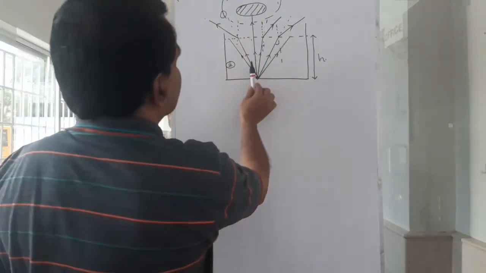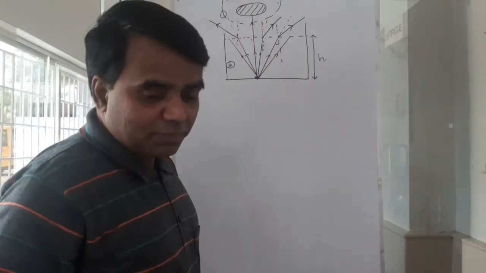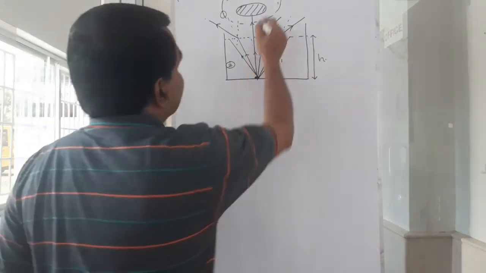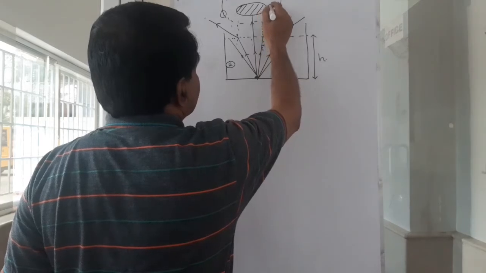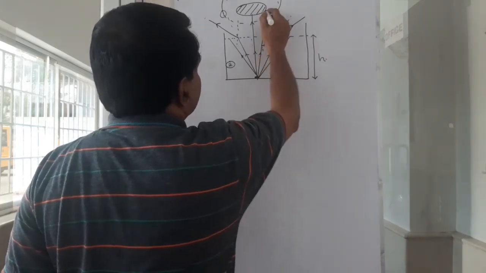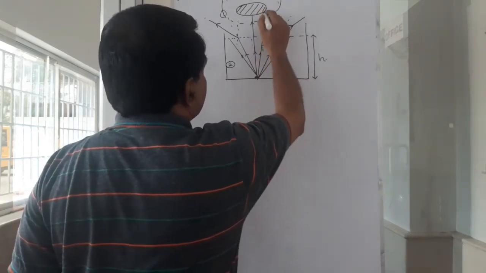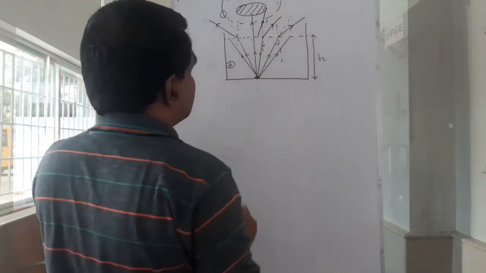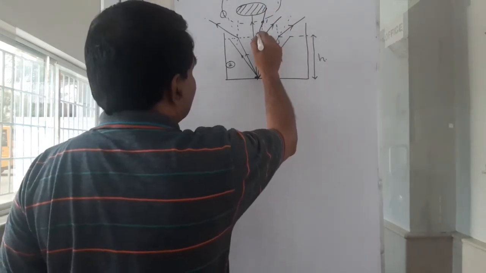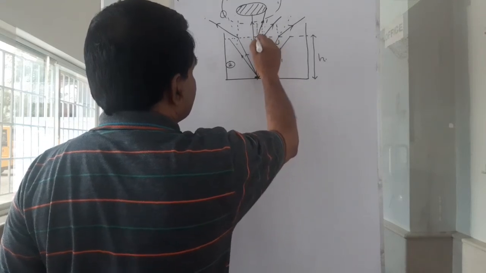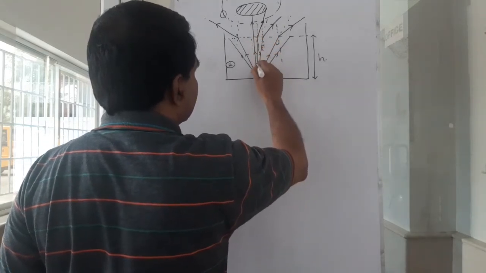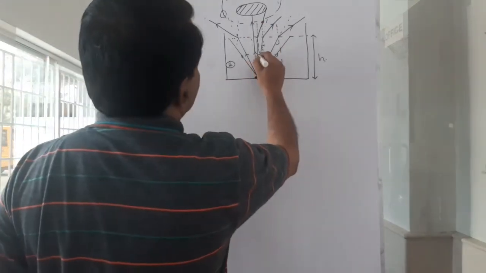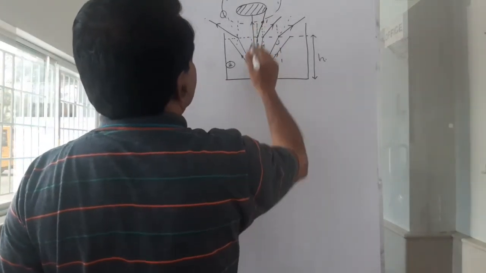So this normal will go straight, that is all right. But the normal is not the only ray that is coming and hitting my eye, right? There are other rays, for example this ray, coming like this. That ray would have got deflected, so it goes like that.